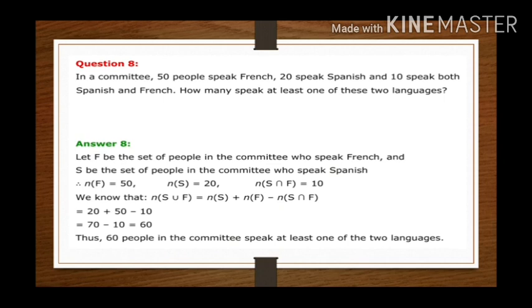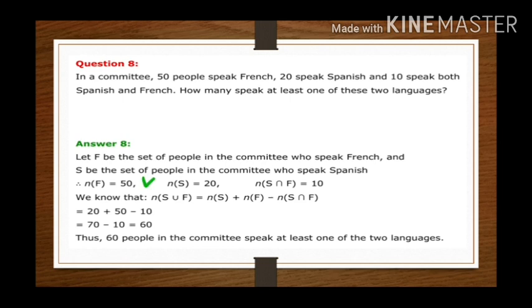Now next question. In a committee, 50 people speak French, 20 speak Spanish, 10 speak both Spanish and French. How many speak at least one of these two languages? Again the same. The number of people who can speak French is equal to 50.